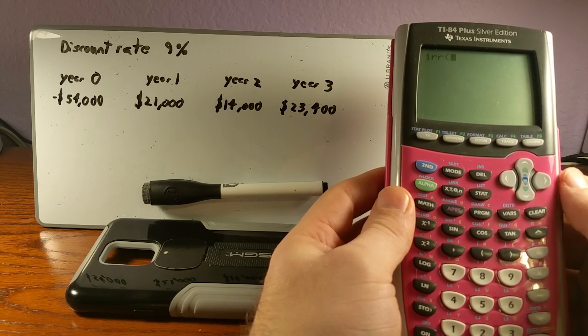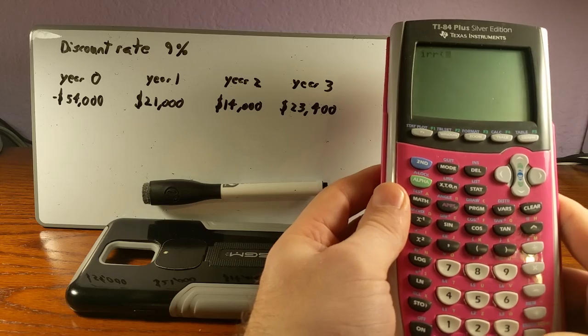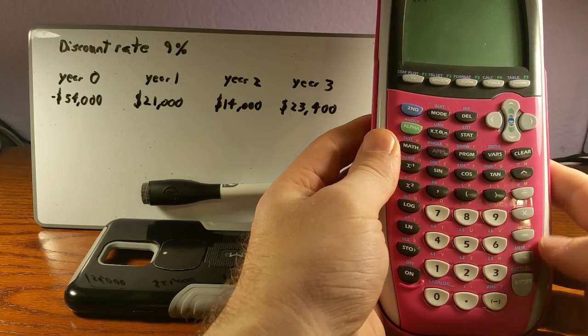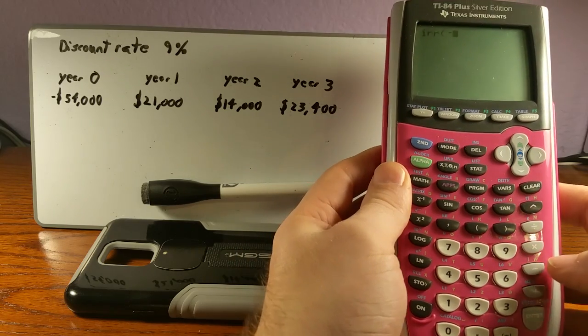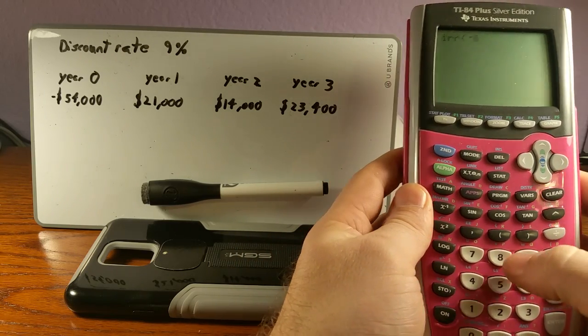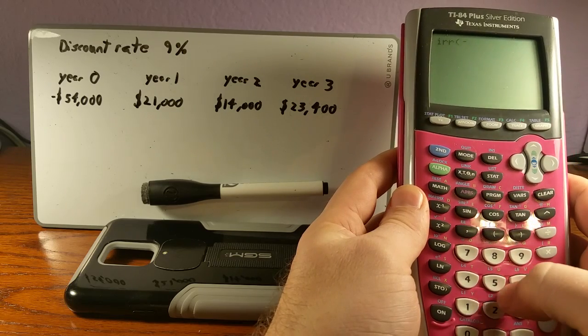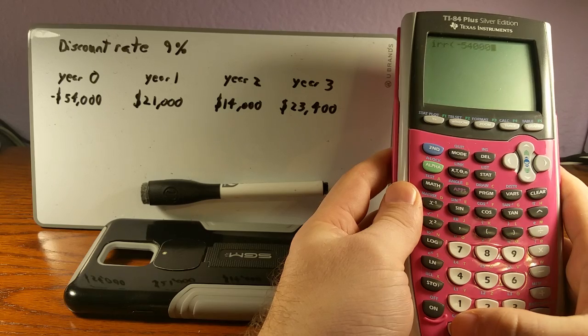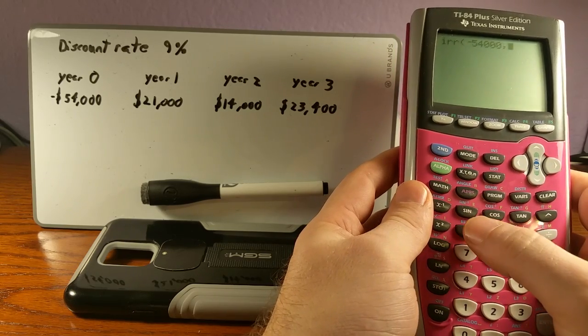So first thing that we're going to do is take the negative button here, not to be confused with subtract because that will give you an error, and take out our outflow of cash, or outlay of cash here, 54,000, separated by a comma.